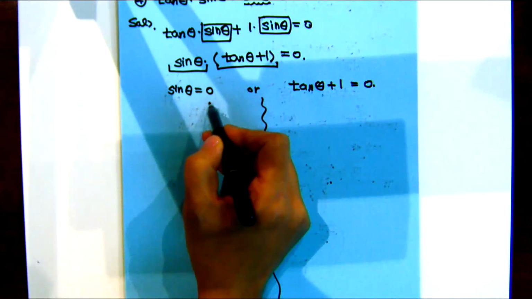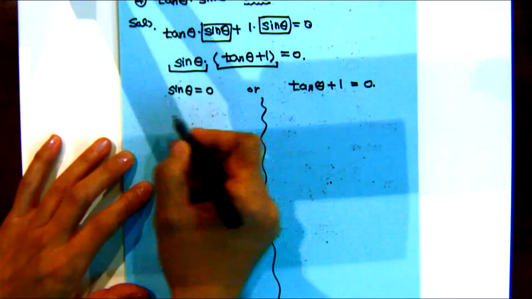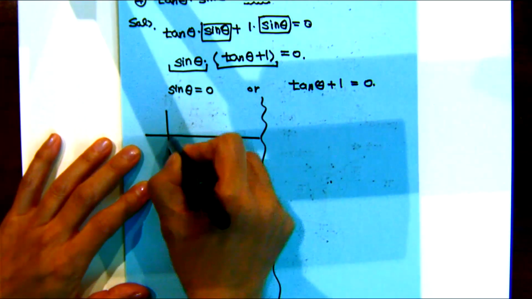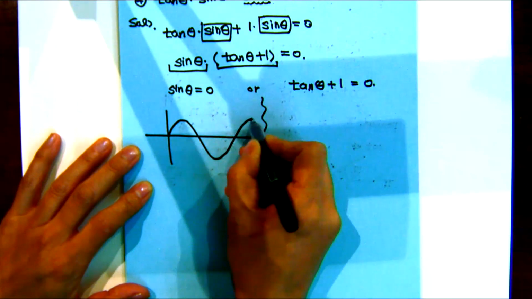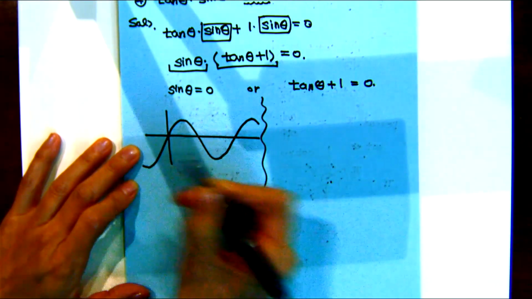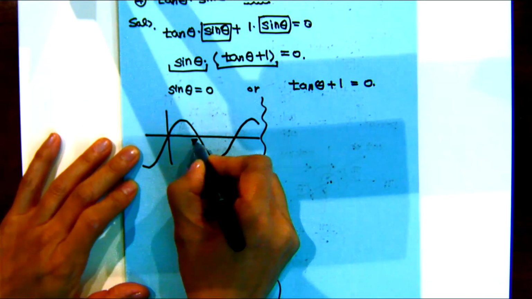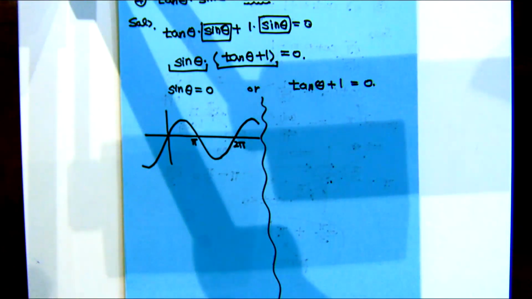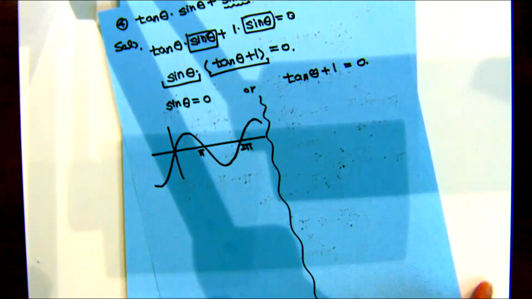This one is 0, so I would use the graph of sine here. So this is the graph of sine. And then I realized that the solution occurs every pi in this case, because 0 pi, 2 pi, 3 pi, and so on.